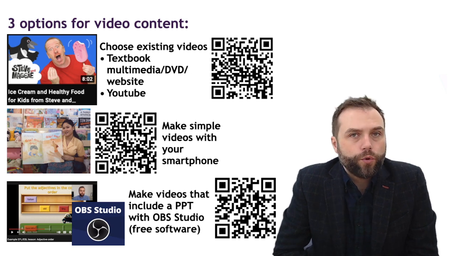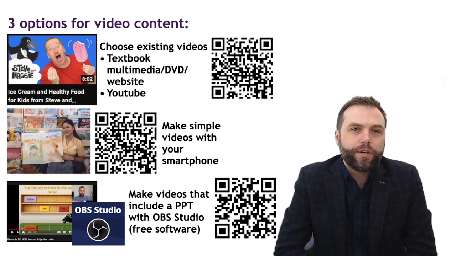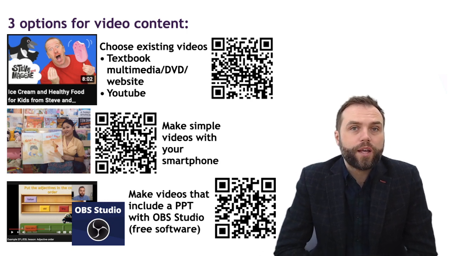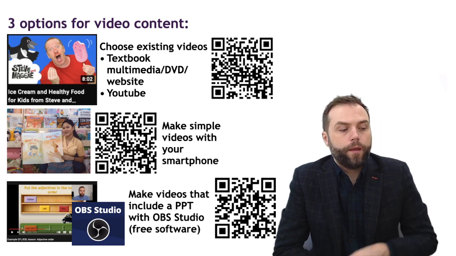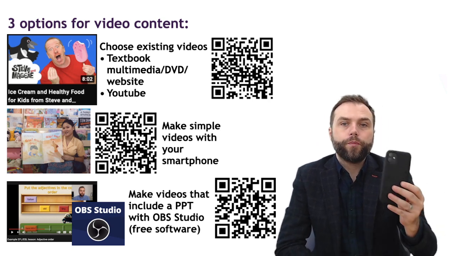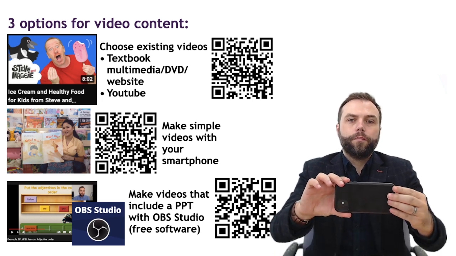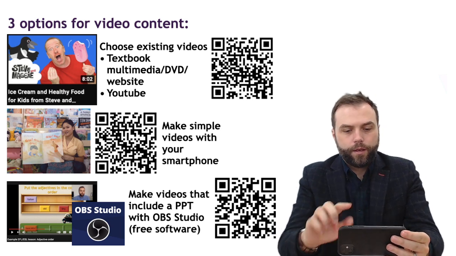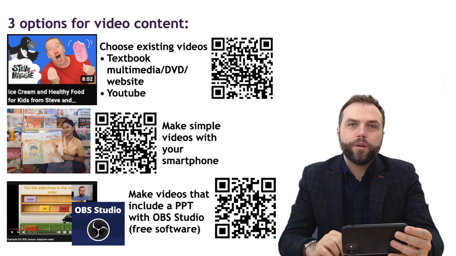Okay, now if you're not very comfortable or very savvy with technology, that's fine. Okay, you don't need to have advanced technology skills to implement blended learning. What you can do is just take your smartphone, use a tripod, point it to yourself, click record, make a video, press stop, and there you go.